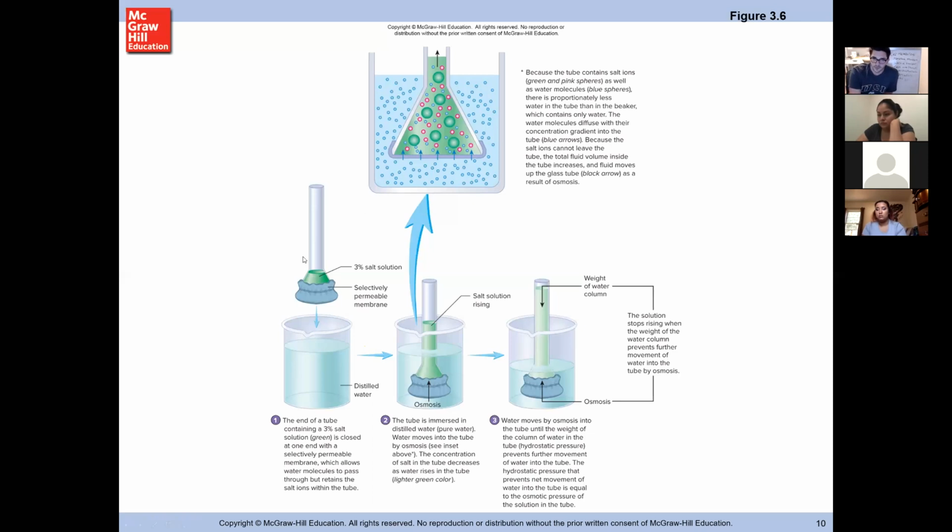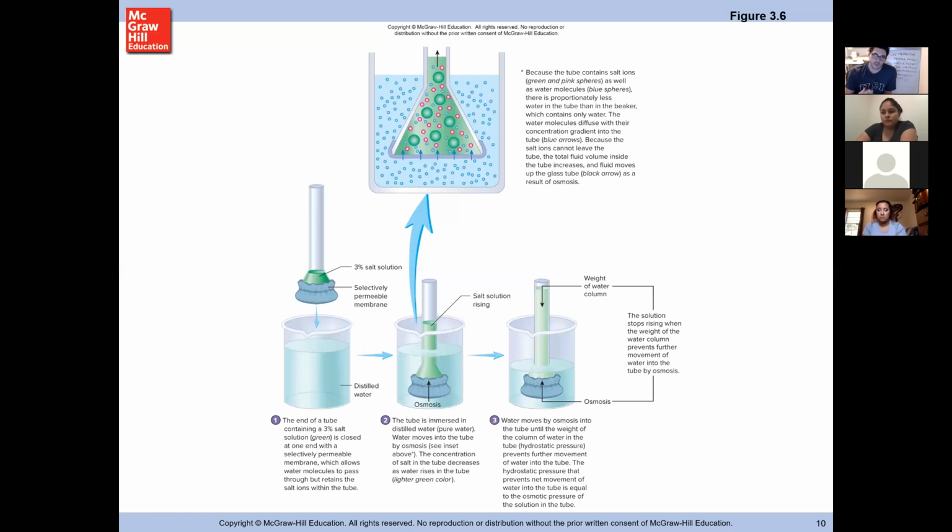It says over here that we start out with a 3% salt solution. If we add a bunch of water to that, that number is going to go down because we're making it less concentrated with salt relative to the volume that it's taking up. So we're adding more water to dilute that solution, okay?